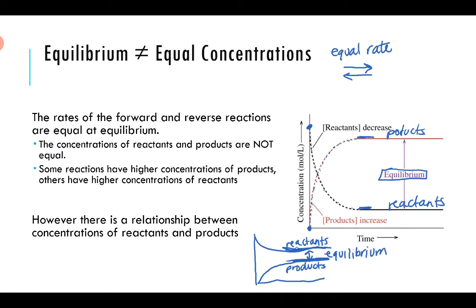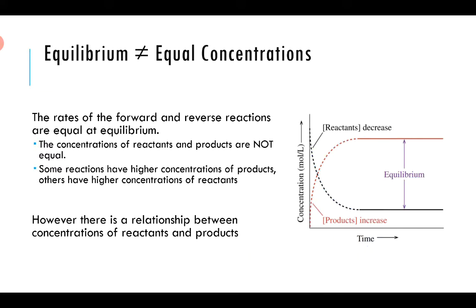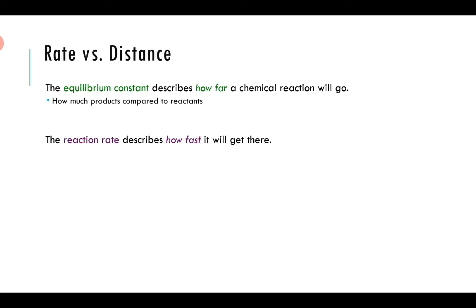So we need to come up with some kind of constant, some kind of value that will tell us how much products do we have relative to our amount of reactants. We're going to be using an equilibrium constant, and we're going to call that K, a big capital K. And that's going to describe how far a reaction will go.